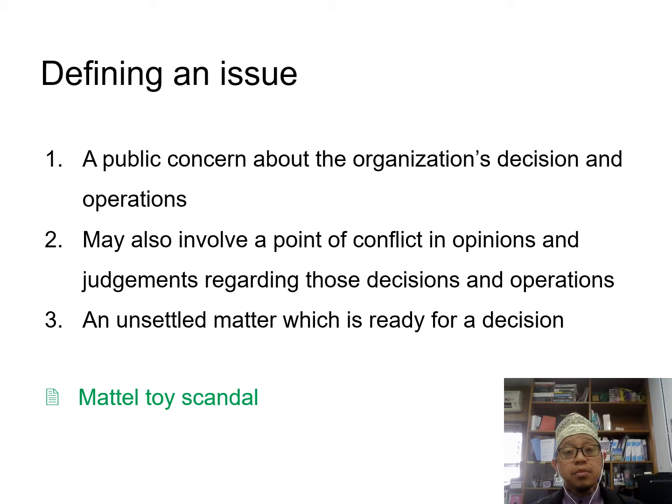When the organization makes a decision to enforce such a method for the public to use, there will always be pros and cons, critics and supporters, and also opposition to the idea. So this is an example of an issue within organizations when they implement something related to the community or public.